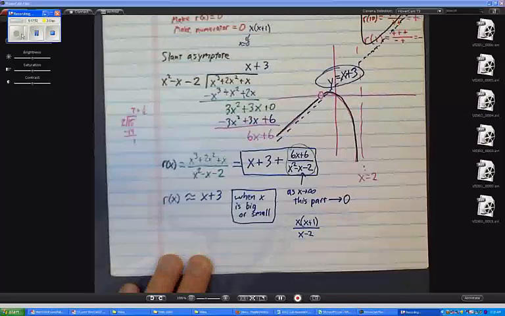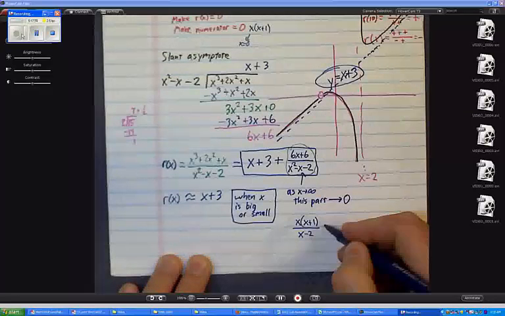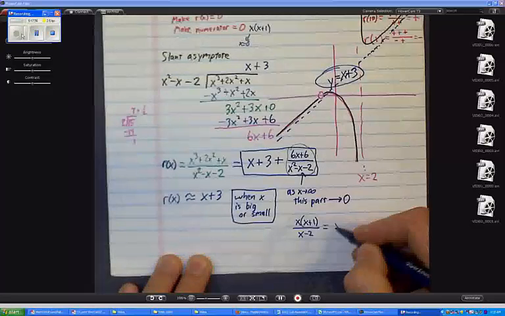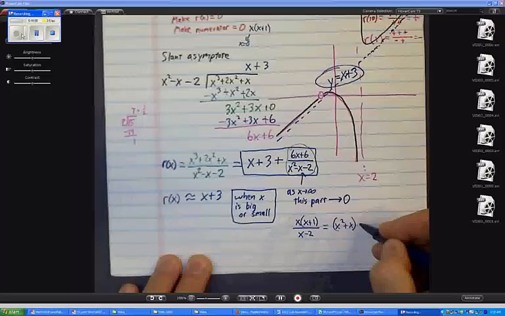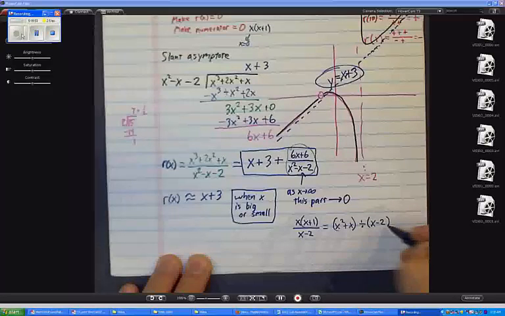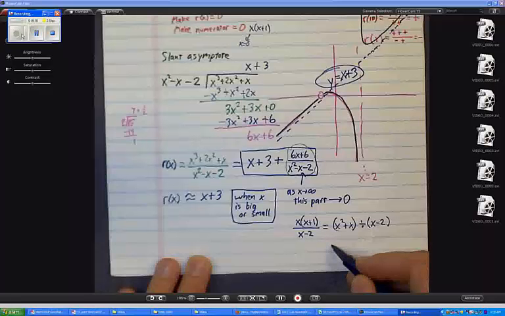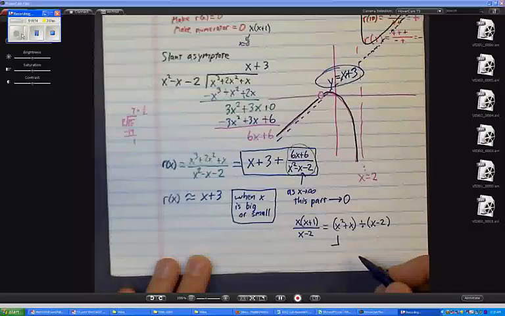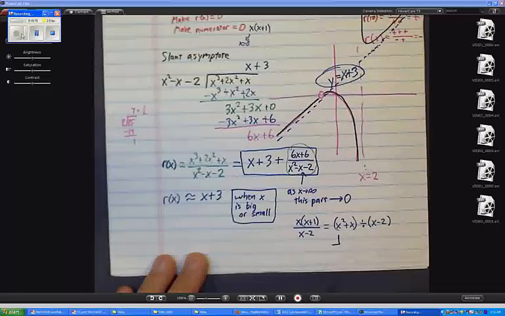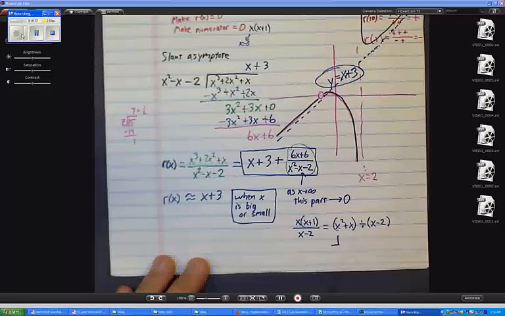That's x squared plus x in the numerator divided by x minus 2. Don't we have a fast way of doing that one? Synthetic division. Why can I do that? Because this is of the form x minus c. You guys with me?